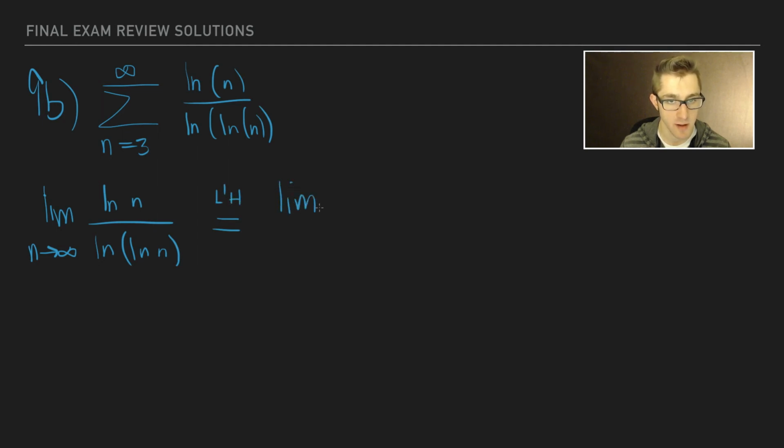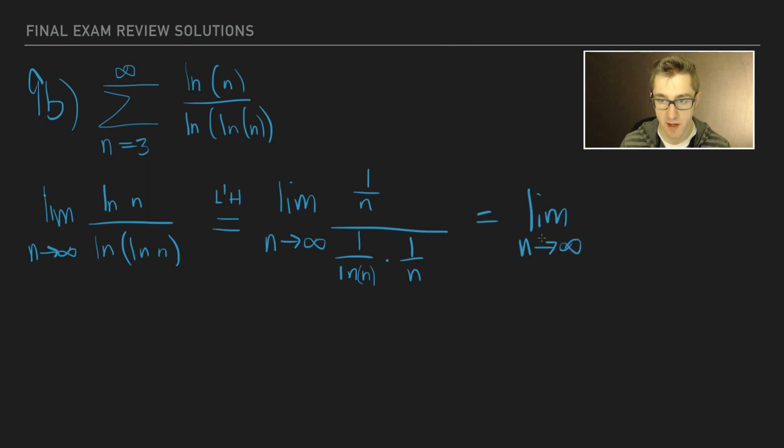We have the limit as n goes to infinity. I take the derivative of ln n with respect to n, and I get 1 over n. And then on the bottom, I have 1 over the natural log of n, and then by the chain rule, I need to multiply by the derivative of the bottom here, which is 1 over n. And this simplifies to the limit as n goes to infinity of just natural log of n, because the 1 over n's cancel, and then this is in the denominator of the denominator, so it actually ends up in the numerator.